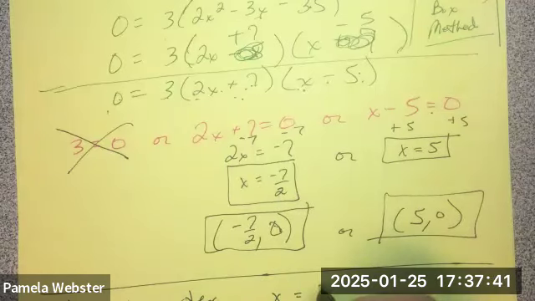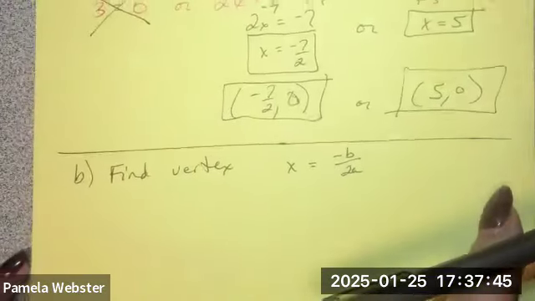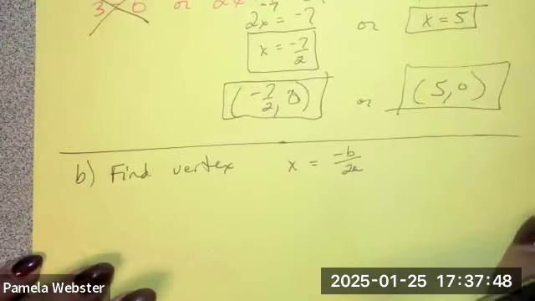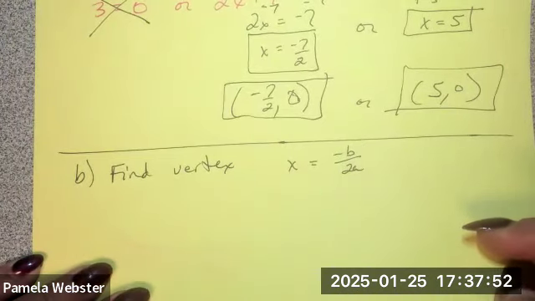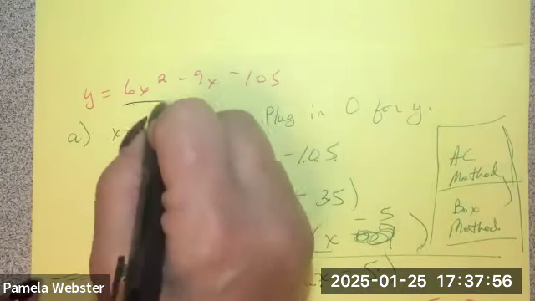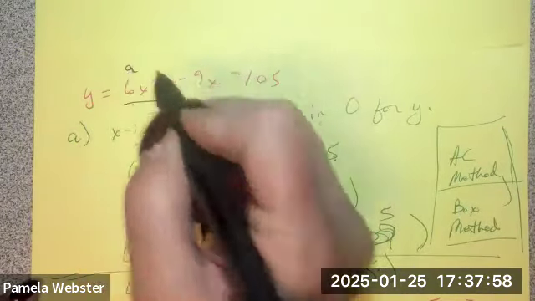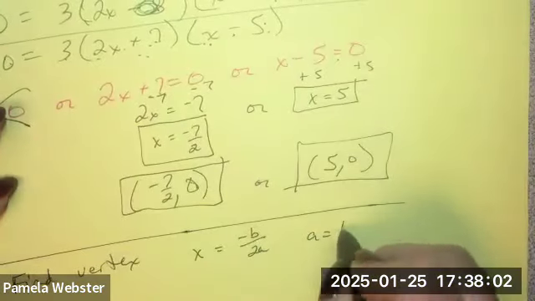Okay, remember we use x equals negative b over 2a. That's what we're going to use here to find the x value of my vertex. Okay, what's my a? Here's my x squared guy. It's a 6. A equals 6.